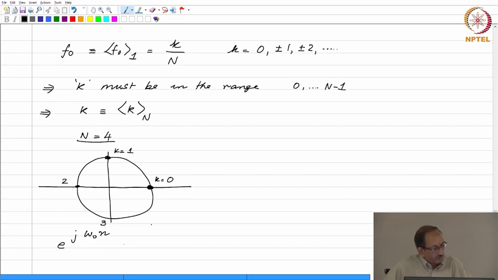So, this can be written as e to the j 2 pi by N k times little n. So, these are the various complex exponentials that are possible for period capital N, and in this particular case we are going to let N equal to 4.